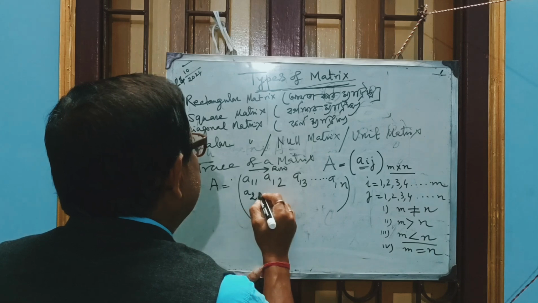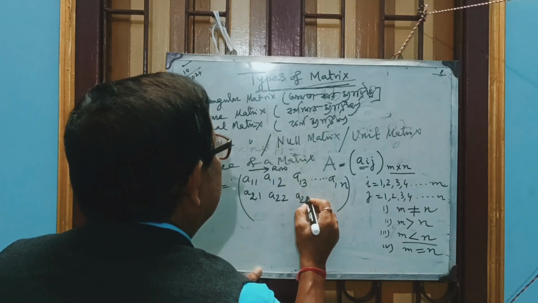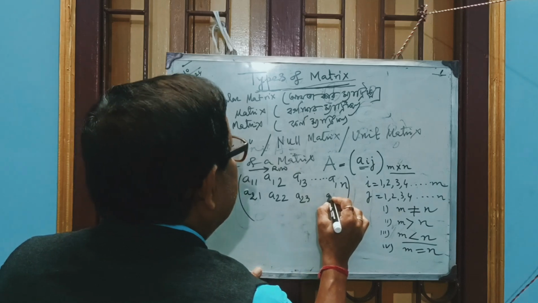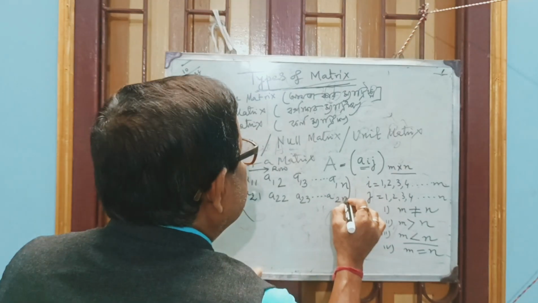Second row, first column, second row, second column, second row, third column, and so on up to second row, Nth column.